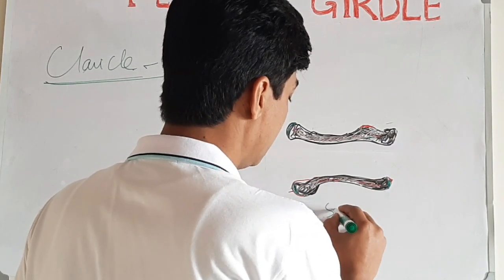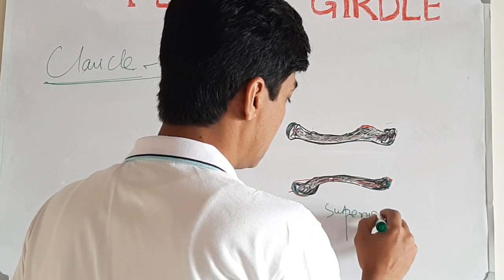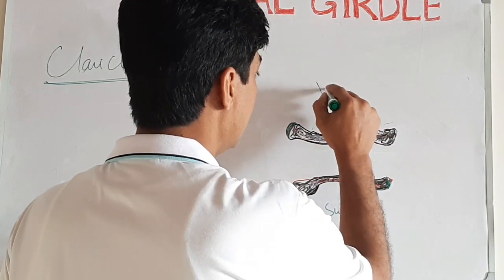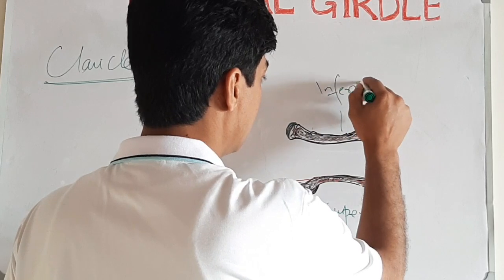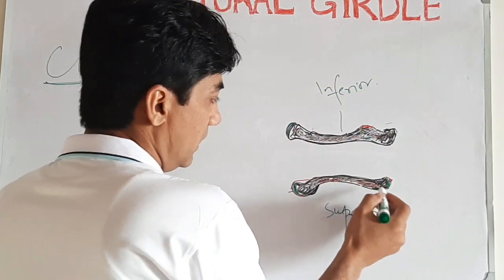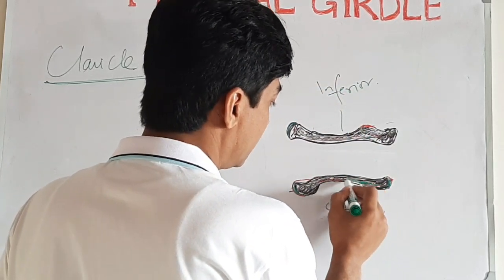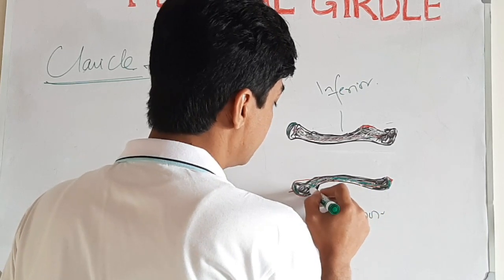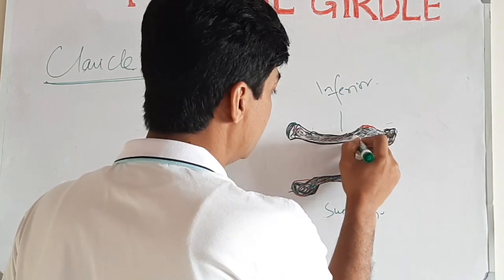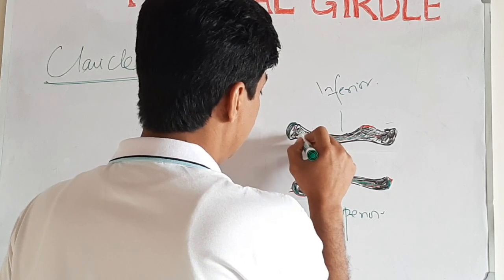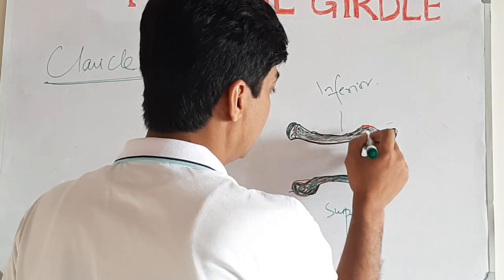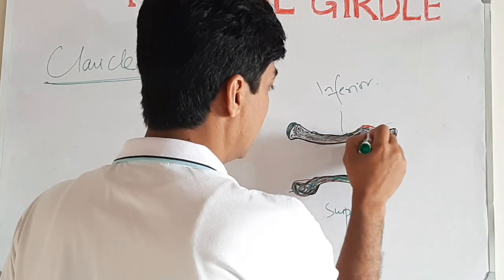This is its superior view, and this is its inferior view. The superior side is flat, and on the inferior side there are ridges which provide firm attachment with muscles.